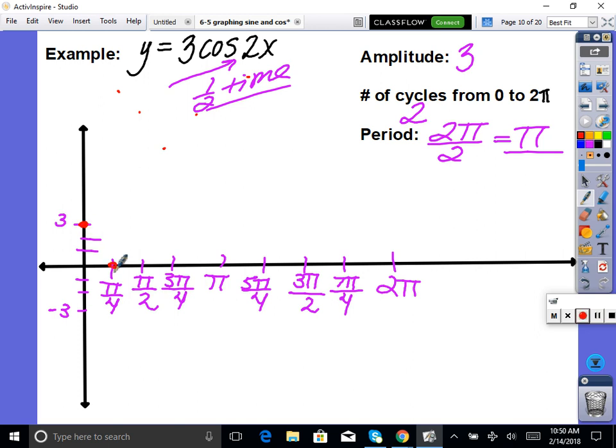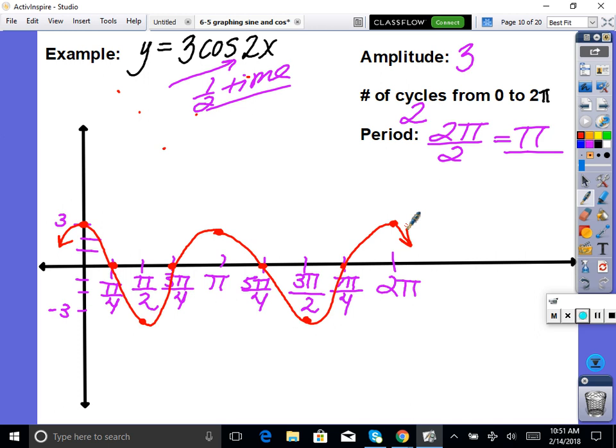Max, 0, min, 0, max. And there's our first cycle, taking half the amount of time it normally takes. Max, 0, min, 0, max. And look at that. There really were 2 full cycles from 0 to 2 pi. All good? Guys, keep arrows going because really it is continuing forever.